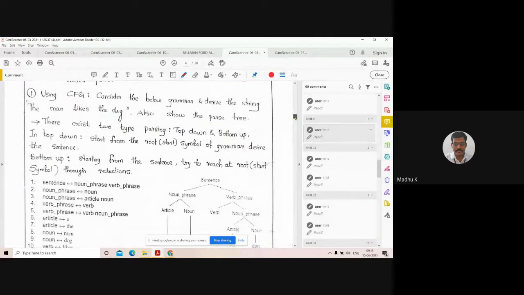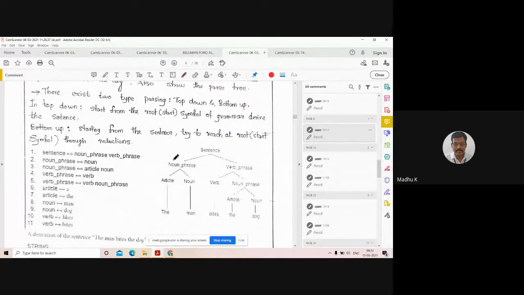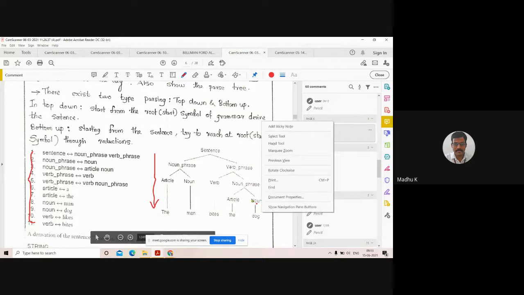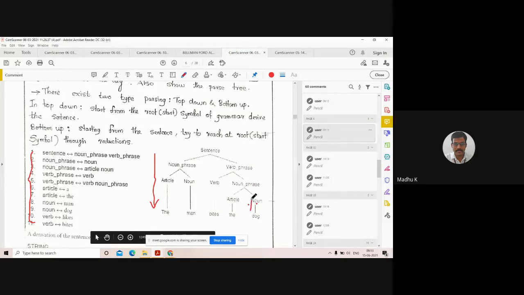Already discussed. Using this grammar, we will parse the sentence either top to bottom or bottom to top and create a parse tree. So this is a very important topic.